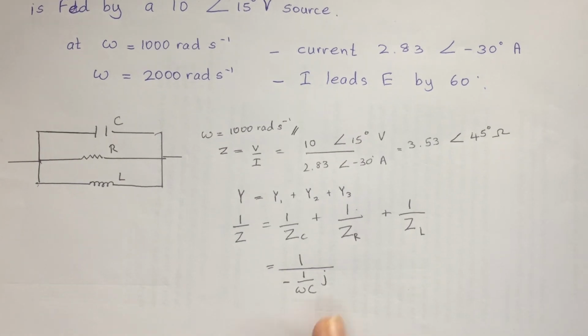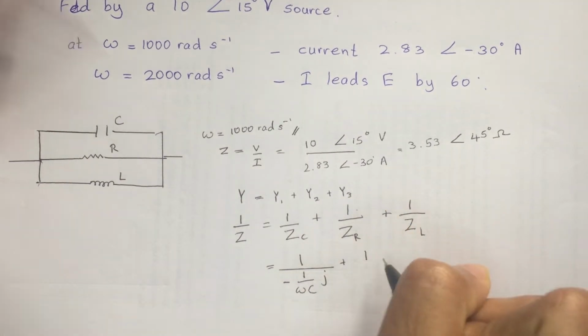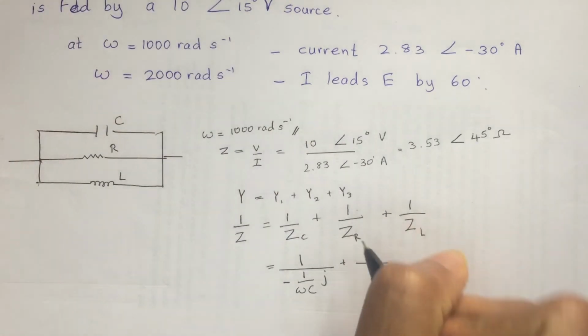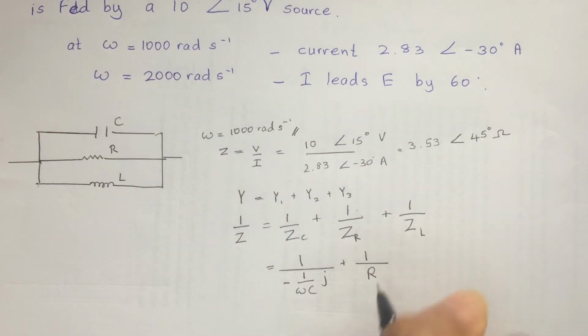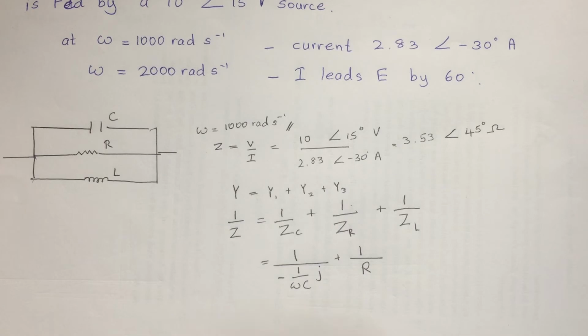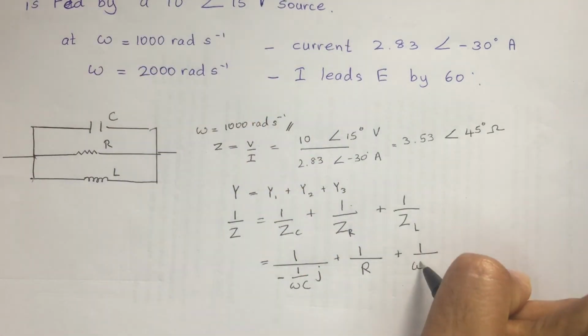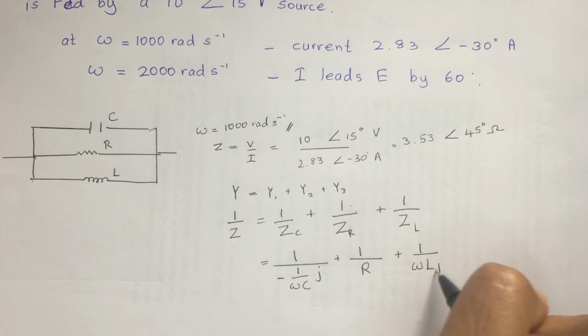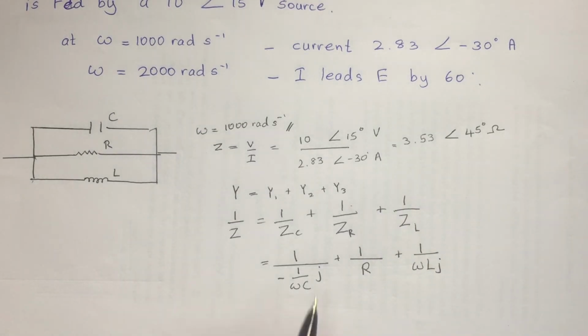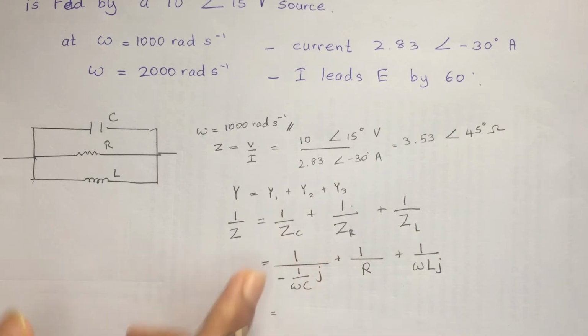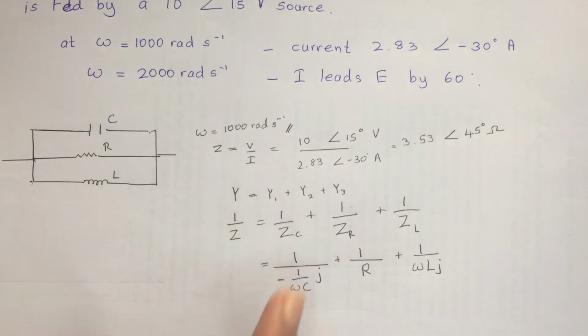Okay, when you are considering the ZR, actually we know the impedance Z would be the resistance, only the real part, the resistance. And after that, we can directly write the ZL. It's going to be omega L into J. So now we are going to change this J part. How we can change this is, if we multiply by J in the denominator and the numerator, we get J into J, which is J squared.